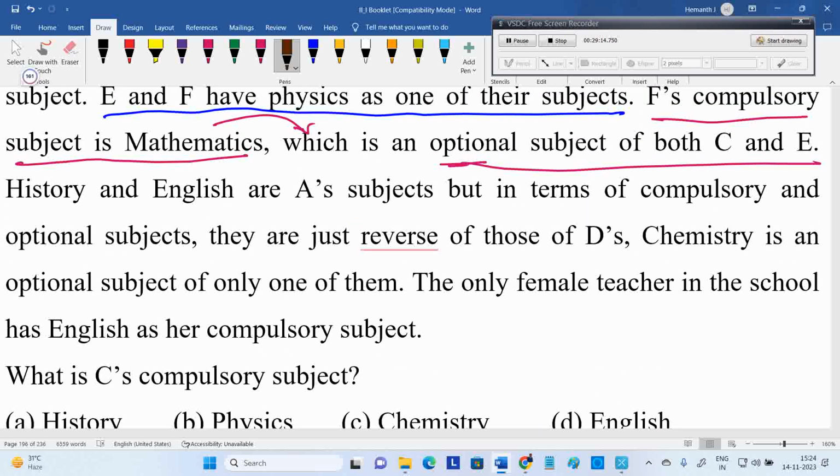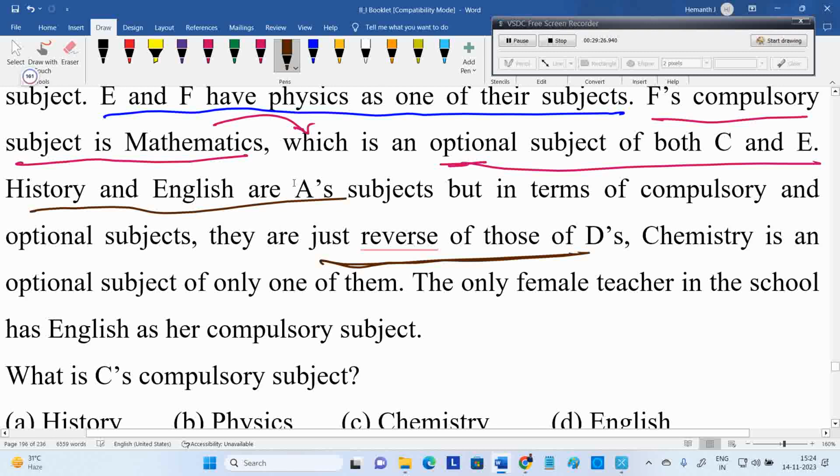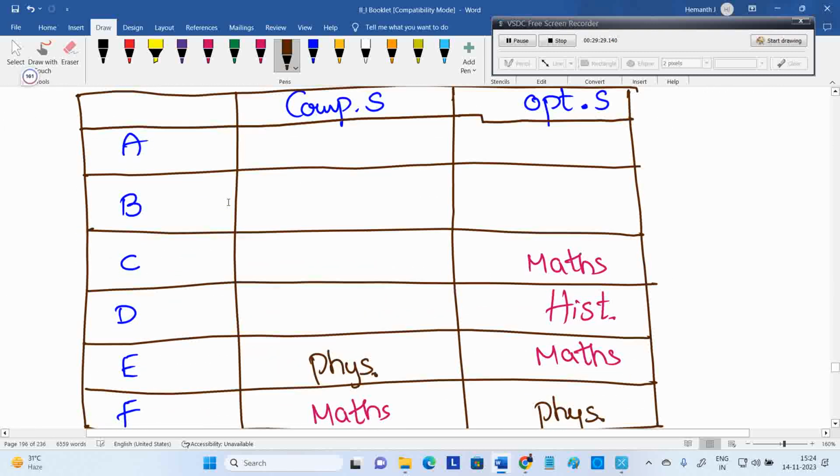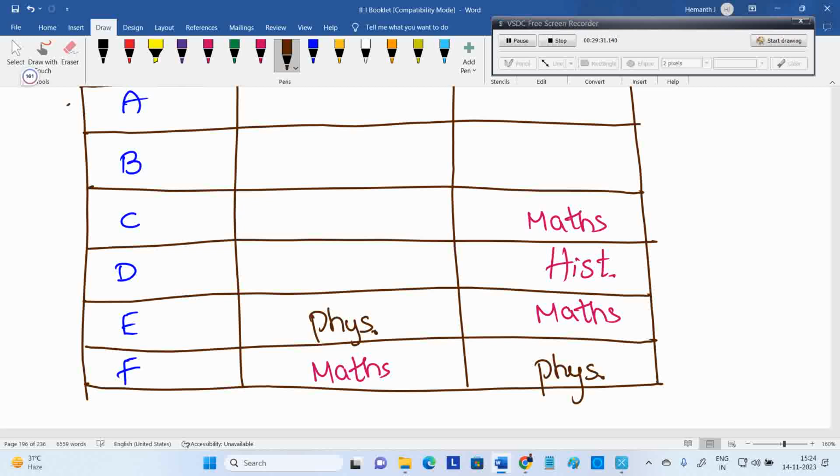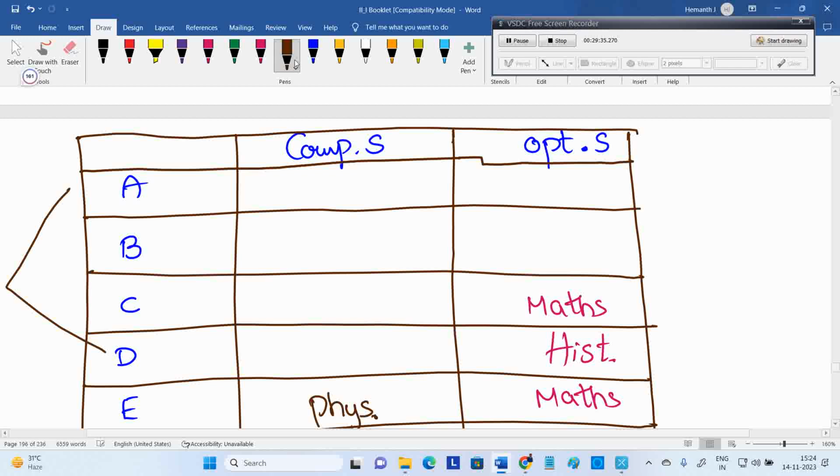Next, history and English are A subject, but in terms of optional or compulsory, it is reverse of D. Means A and D is having same subjects, history and English. D is optional for history, so it should be compulsory for A. And the other subject is English.